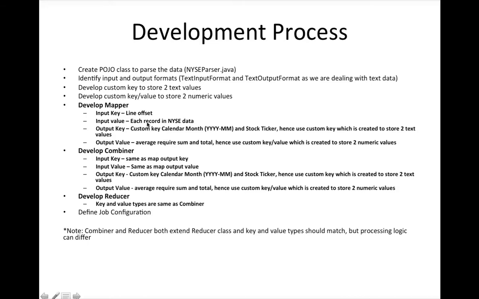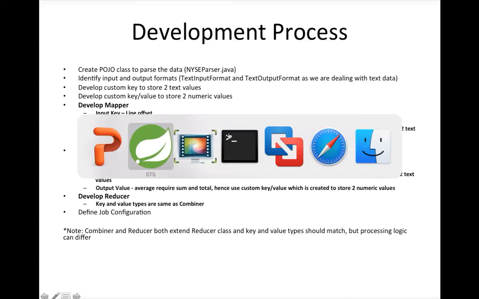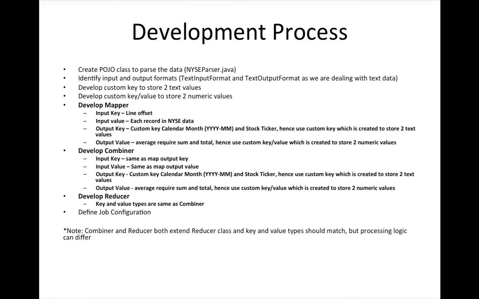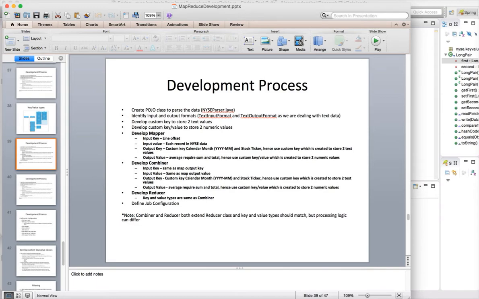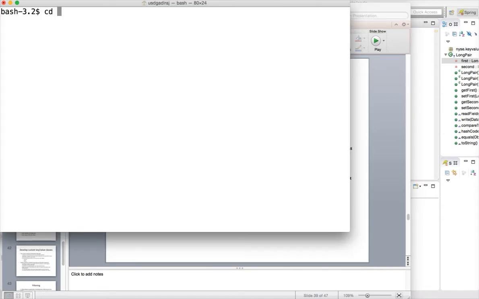Input value will be each record in New York Stock Exchange data, which is one line, each line in the data set, and output key will be a calendar month YYYYMM as well as stock ticker. But if you go back to the data, so cd users, sorry.